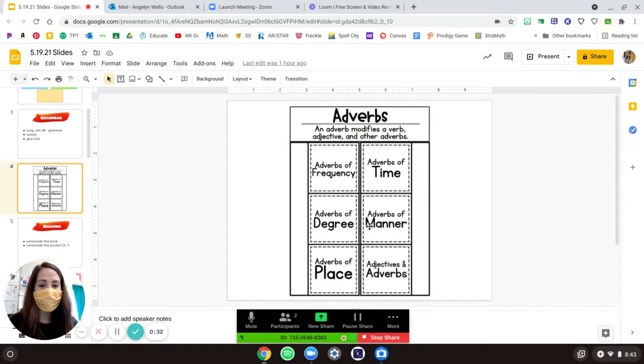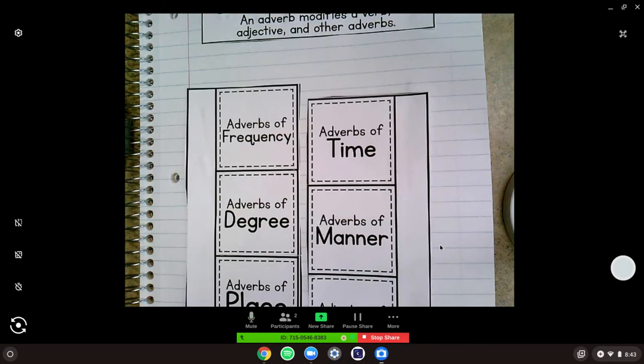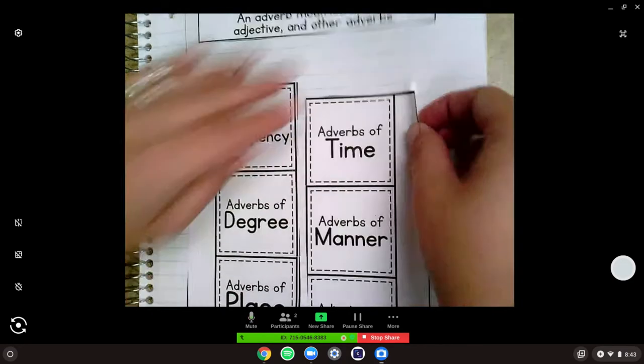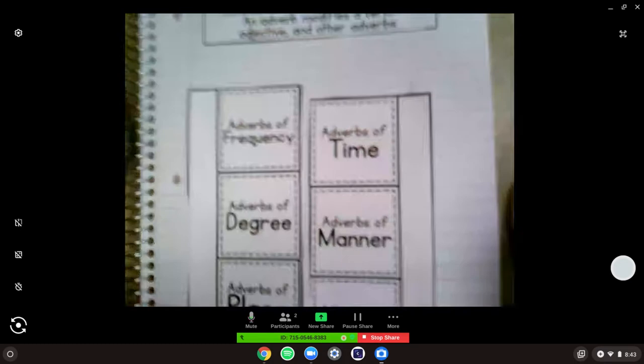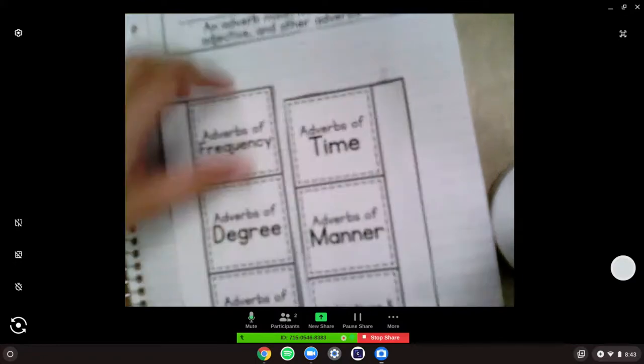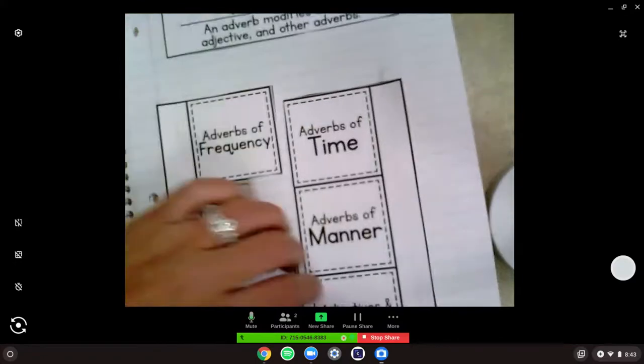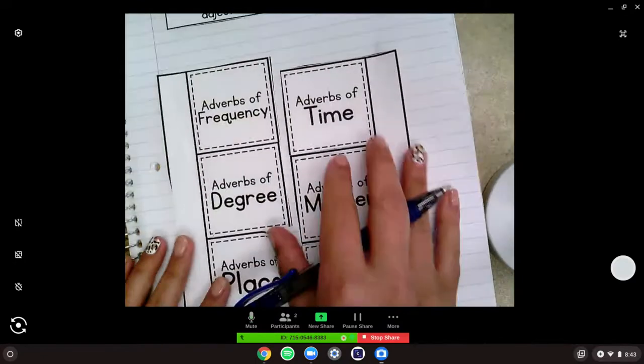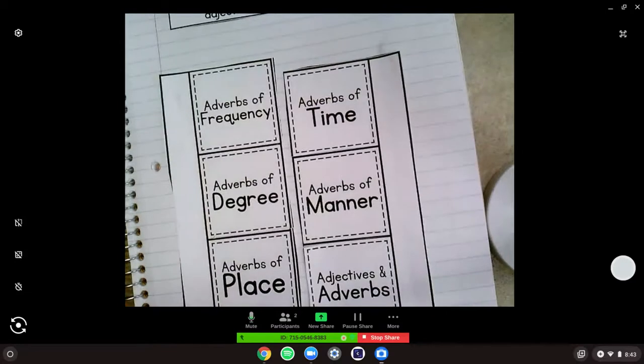So we're going to do this activity in our notebook. We should have them, well, Mrs. Wells glued them really silly, but you should have your adverbs glued on top. Then you have 6 little windows to use, right? The directions were on the bottom. Did anyone see the directions for what we need to do?